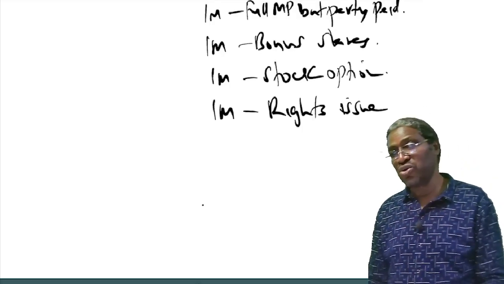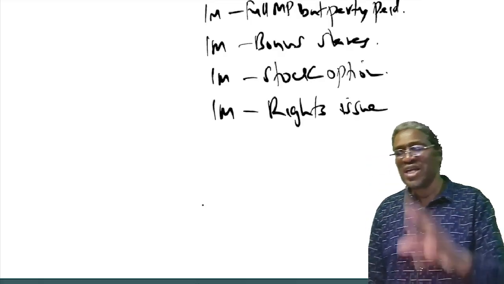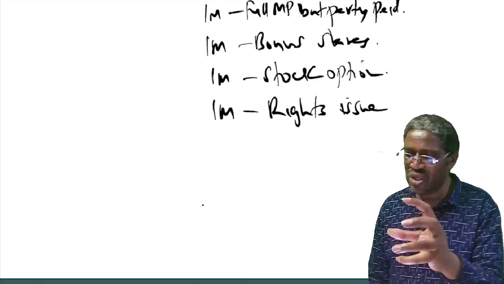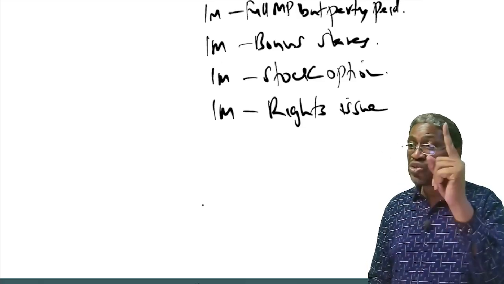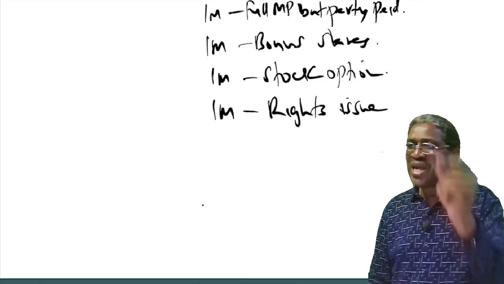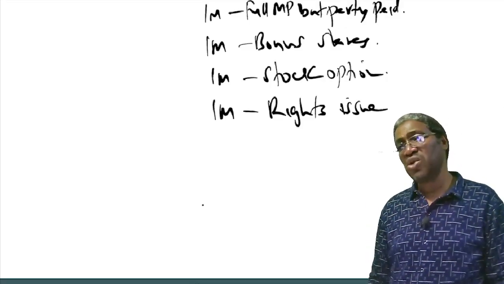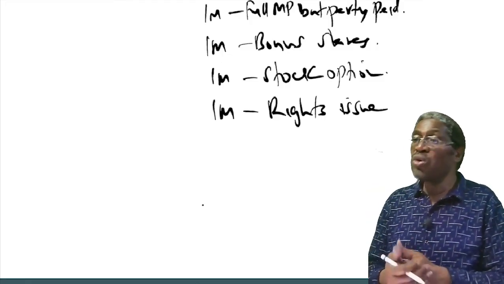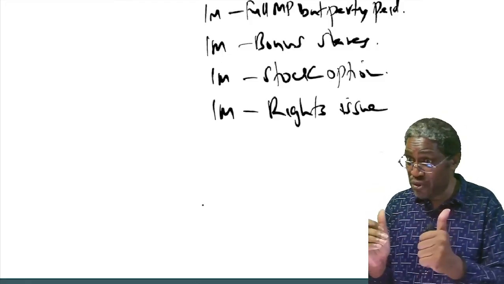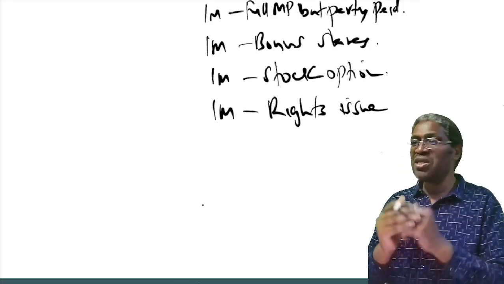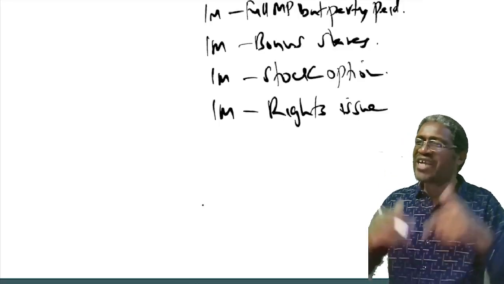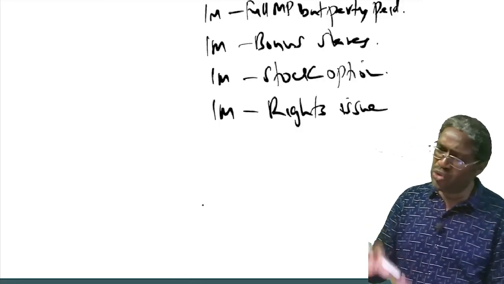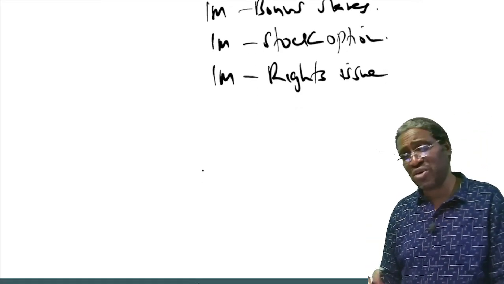I hope you know a rights issue is a privilege given to the existing shareholders to buy extra shares at a price below the market price. So they are given the privilege. Who? The existing shareholders, not the employees now. How do you use them to compute the weighted average number of shares?